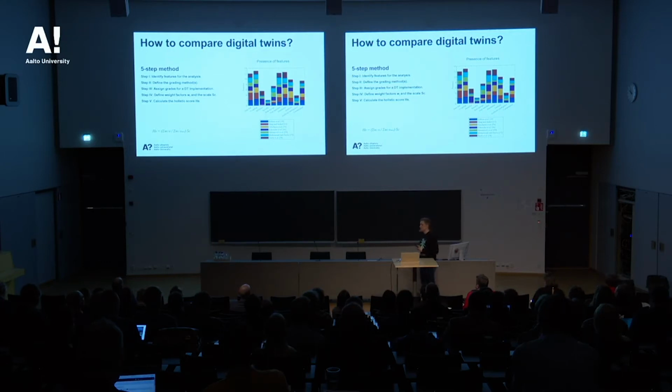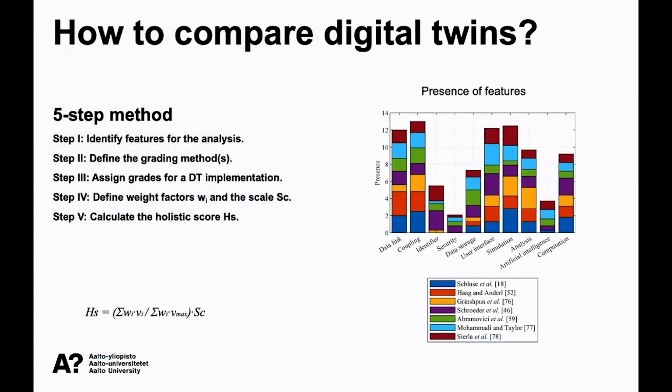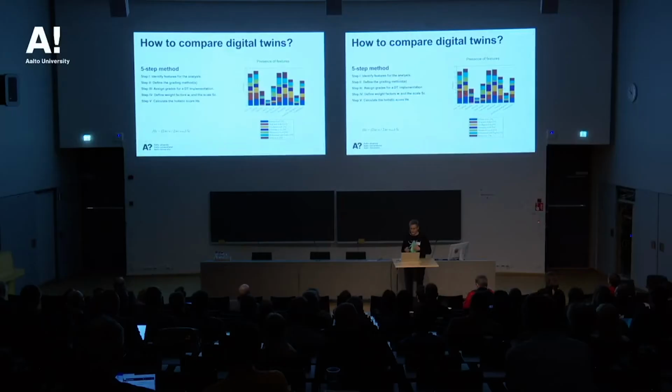digital twin implementations found in academic literature, and that is how much presence we found from those. So coupling is most present, which is quite good for digital twins because it's written into the concept.